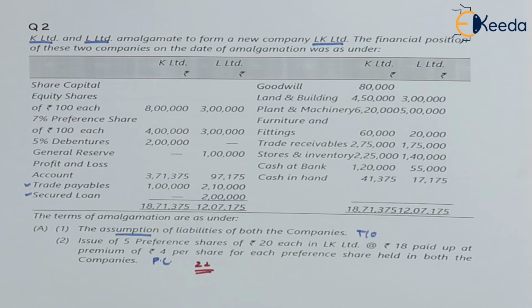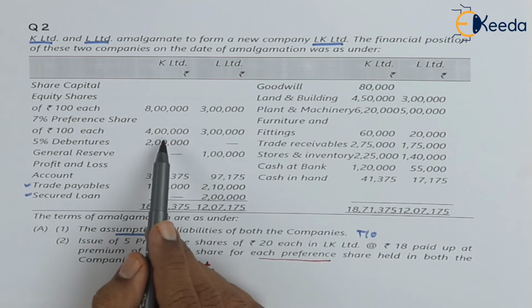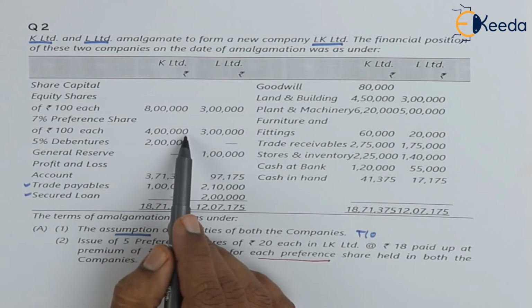We have to just work out how many shares. They are saying 5 preference shares of 20 each, at 18 rupees paid up at a premium of 4 per share, for each preference share. If you have 1 share, you will get 5 preference shares in the new company. So obviously multiply by 5. You have to work out how many shares there will be. For that we need to see the balance sheet. We have 4 lakhs as an amount.